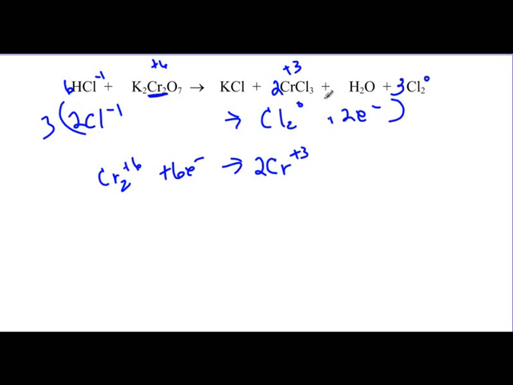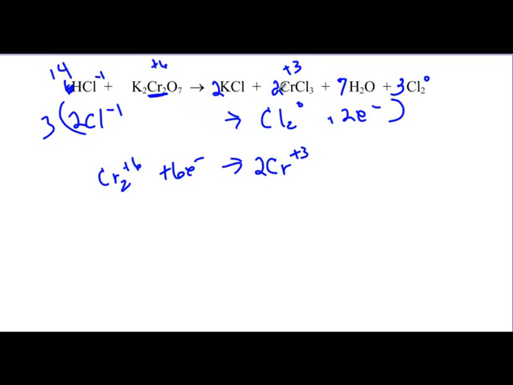Let me see. Well, let's do the O's first, because I've got 7 O's there, so I need 7 O's here. And if I do 7 O's here, then I need 14 hydrogens, so I need this to be 14. Okay, when I do that, let's see what happens. I also have 2 K's here, so I need 2 K's here.